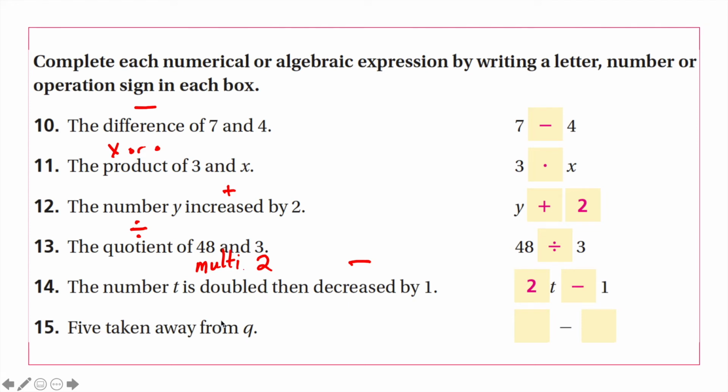And 5 taken away from q. 5 taken away from q is subtraction, but we need to remember that q will always come first in this one because q is our original amount. 5 is what we're pulling from our original amount, so it's q minus 5.